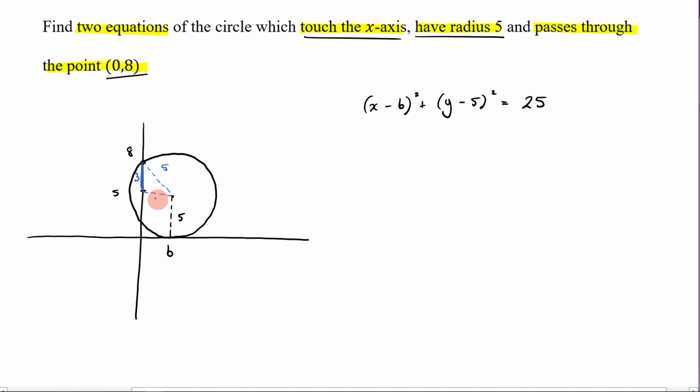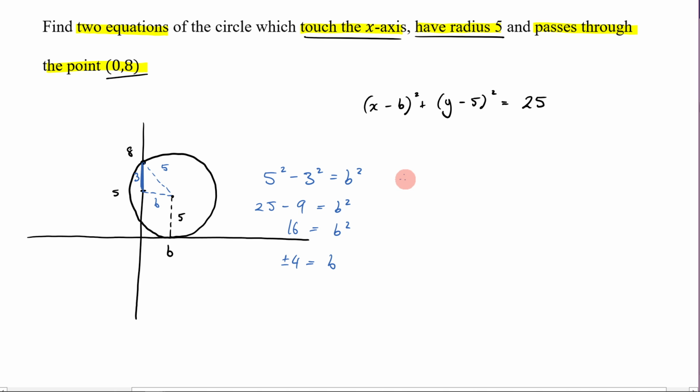Would you agree with me that that length is just going to be the b value? Because it's just the distance from the origin out to here. So b is simply going to be 5 squared minus 3 squared is equal to b squared. 25 minus 9 is equal to b squared. 16 is equal to b squared. That means plus or minus 4 is going to be equal to b.